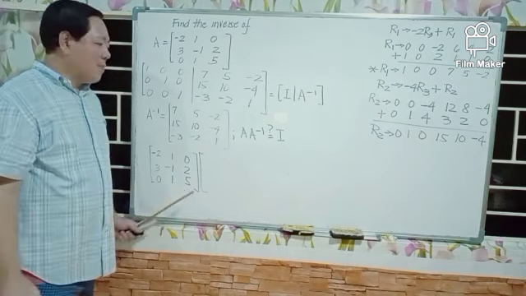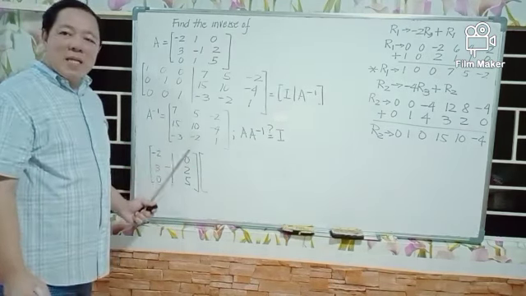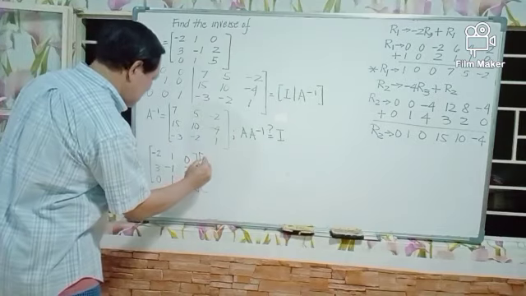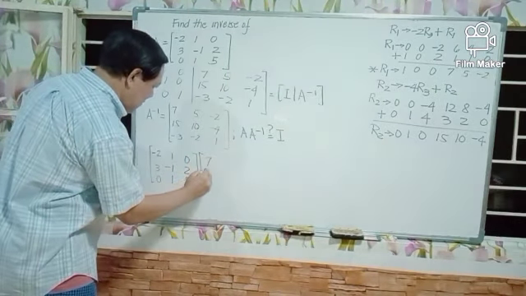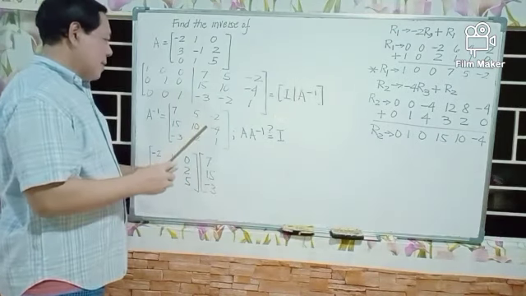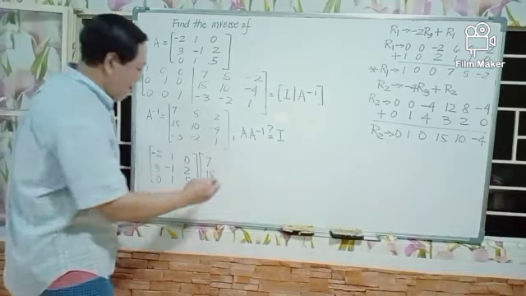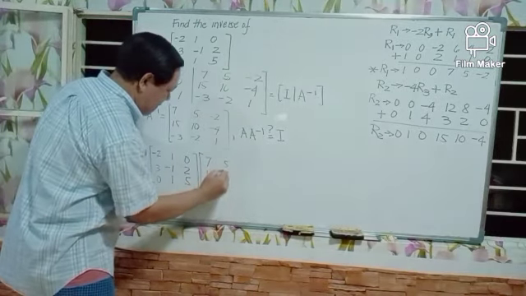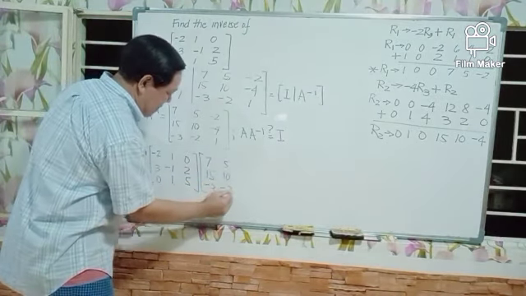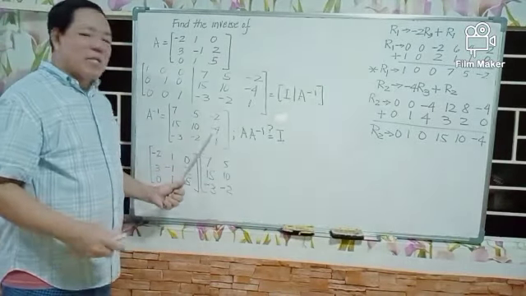Multiply matrix A by the matrix A to the negative 1: 7, 15, negative 3. 5, 10, negative 2. And negative 2, negative 4, 1.